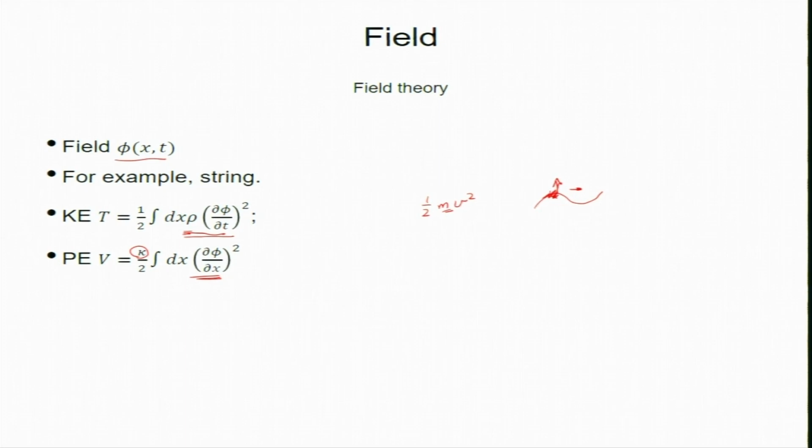So, we have the energy, and the total energy will be T plus V, but the Lagrangian is defined in a similar way, as T minus V, right.